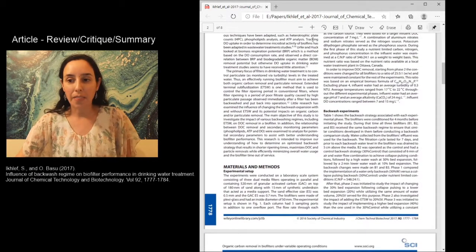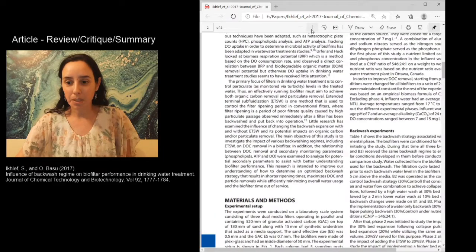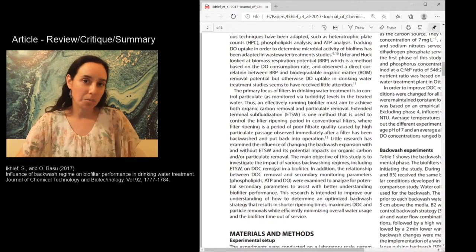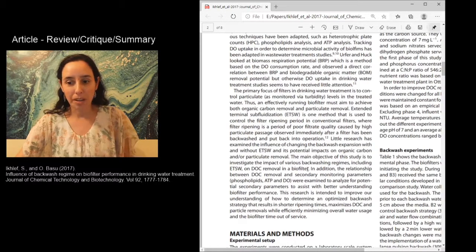If we look at this one, I'll pull it up a little bit closer. We can see in this last paragraph here, I explicitly state, the main objective of this study is to investigate the impact of various backwash regimes, including ETSW, on DOC removal in a biofilter.